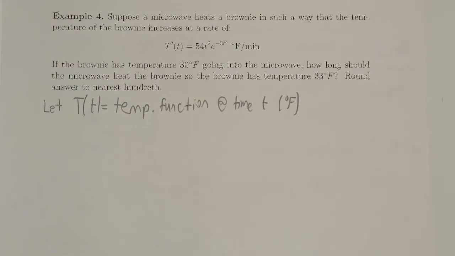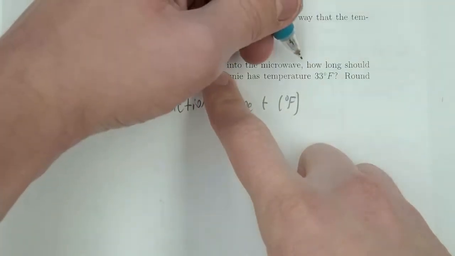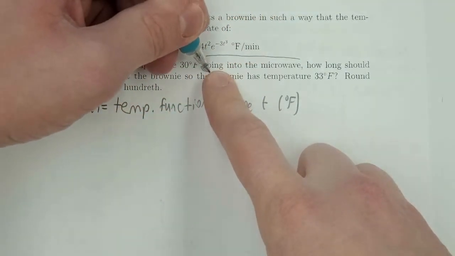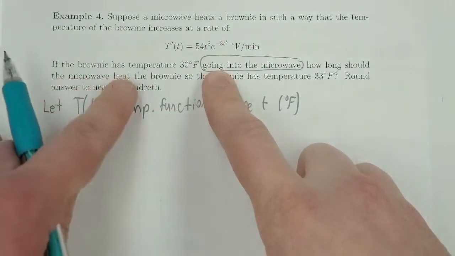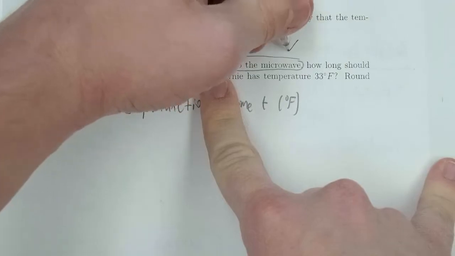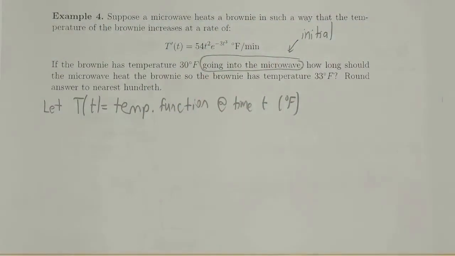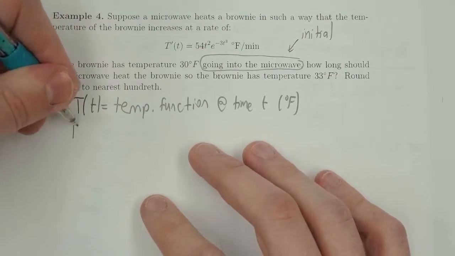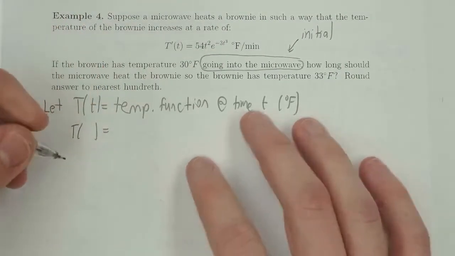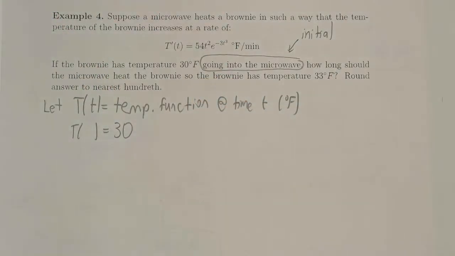So, as per what I said about this problem statement here, the problem states that we're assuming that the brownie has an initial temperature of 30 degrees going in. So, that basically gives us that we have a specific temperature at a specific point in time. So, that says that the temperature is 30 degrees at what value t?